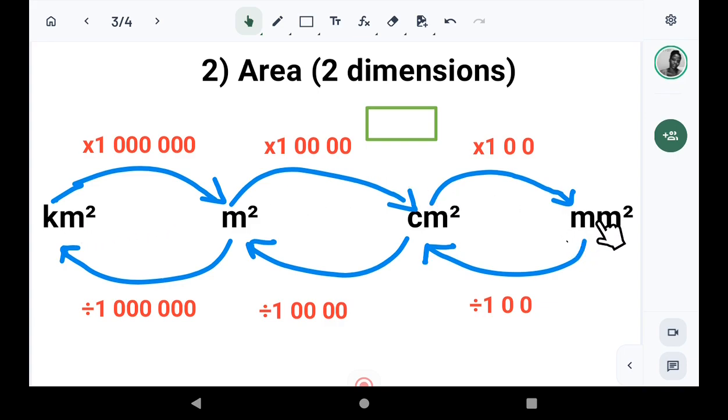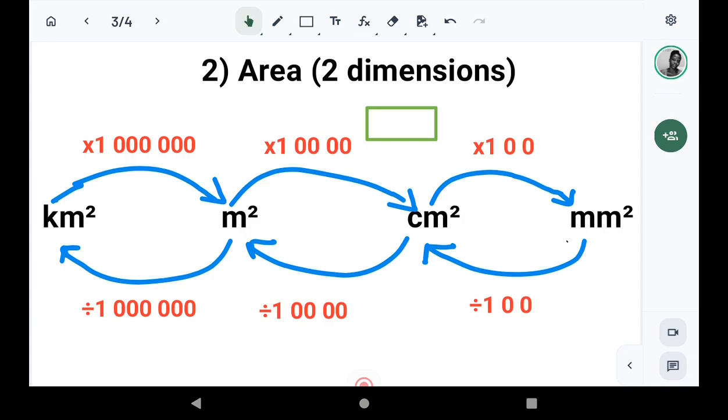Remember, when you're converting from a smaller unit of measurement to a bigger one, you divide. So in order to convert from square millimeters all the way to square kilometers, you would divide by 1 and 2, 4, 6, 8, 10, 12 zeros. You will divide by a total of 1 and 12 zeros.